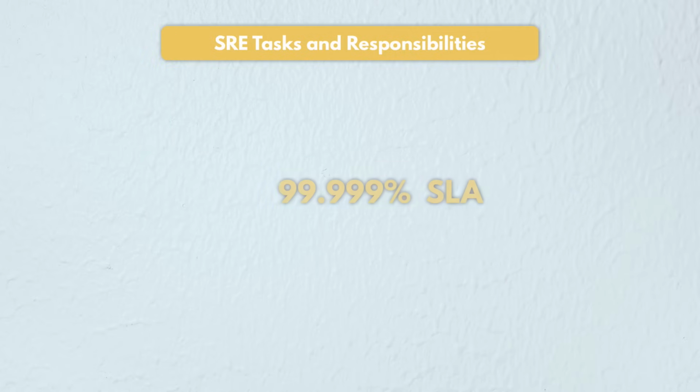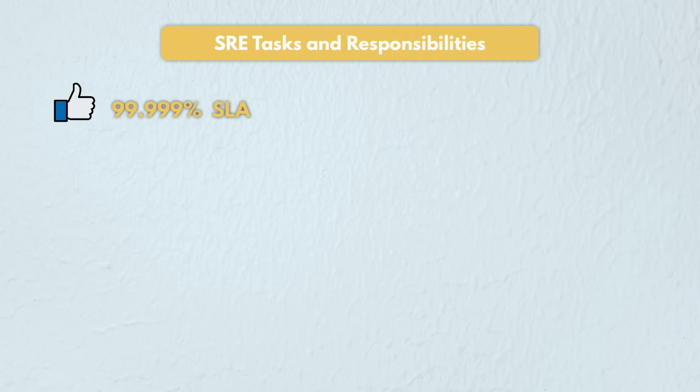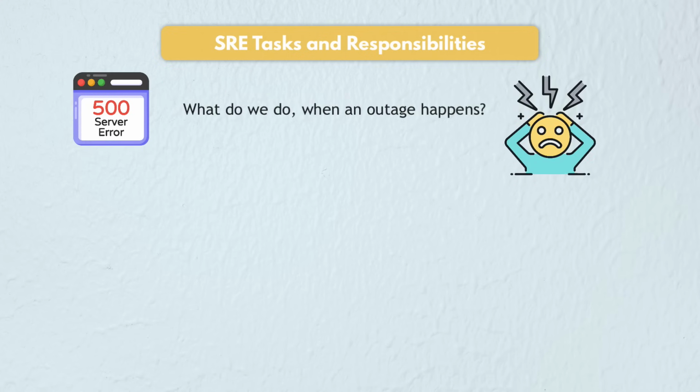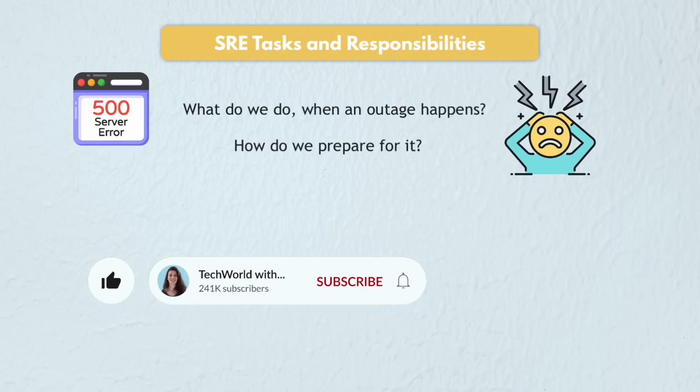Now, we said that for most applications, SLA is not 100%, which means we accept that it won't work 100% of the time. So at some point, we will have an outage. Now the question is, what do we do when an outage happens? Or how do we prepare for it? And that's where another big part of SRE tasks and responsibilities comes in.